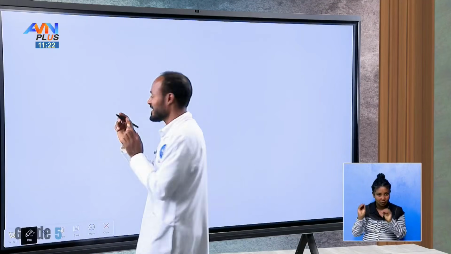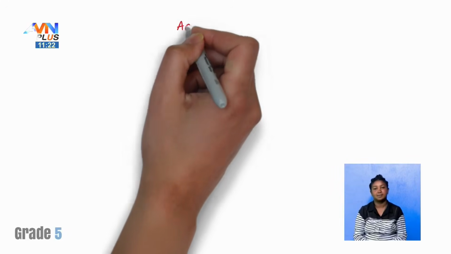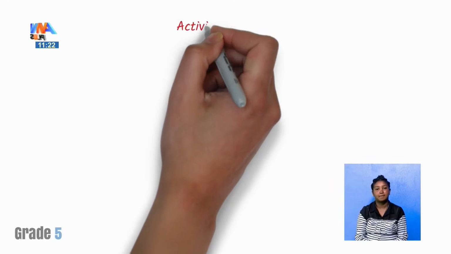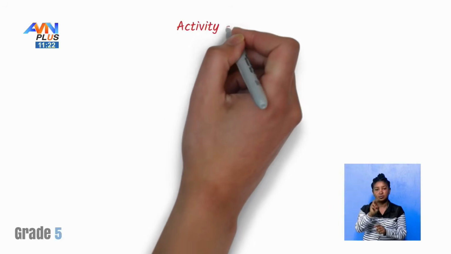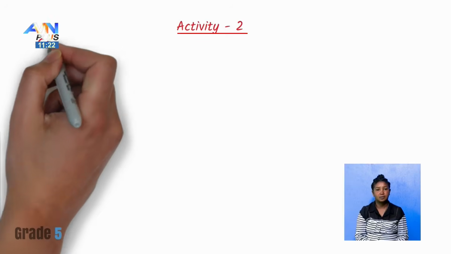If you are ready, now I'm going to give you an activity which should be done within one minute. Students, categorize these words. Activity 2. Categorize, or this means write, okay?